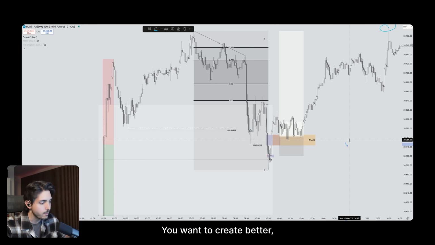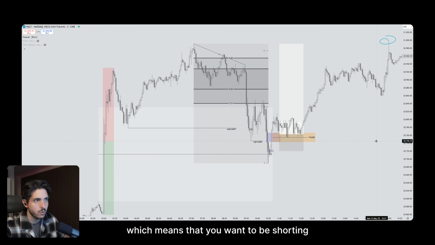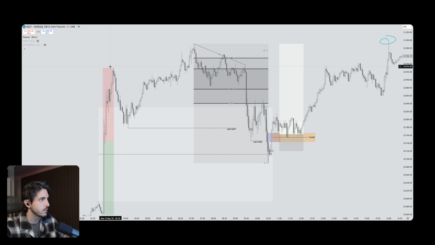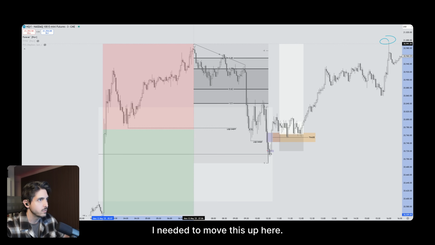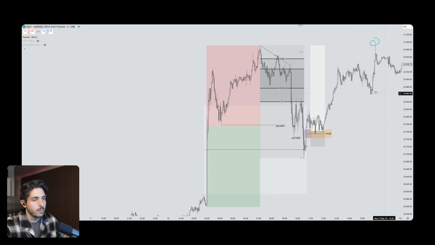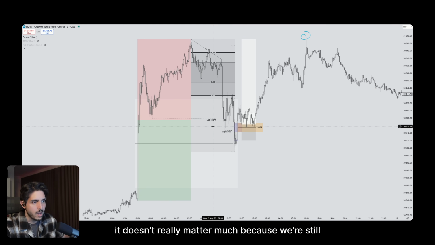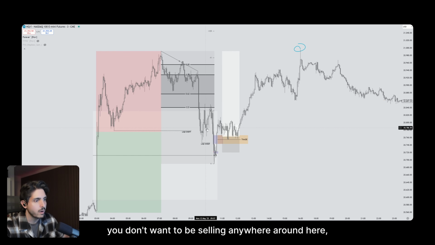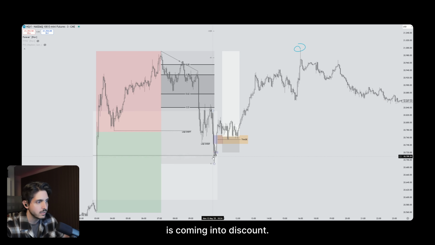You want to create better trades for yourself, which means you want to be shorting at the highs of discount. And actually, this is my bad. I needed to move this up here. It doesn't really matter much because we're still in discount. But yeah, you don't want to be selling anywhere around here. This doesn't make sense to sell here because this is coming into discount.